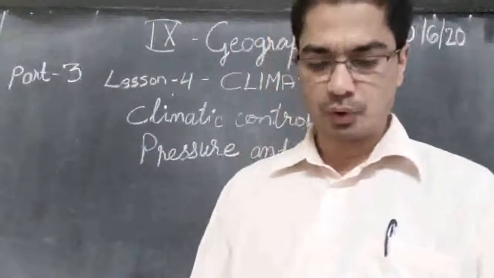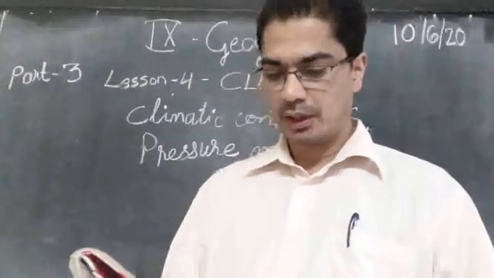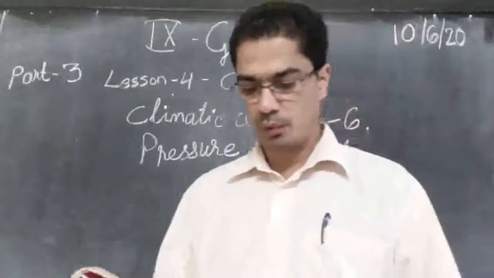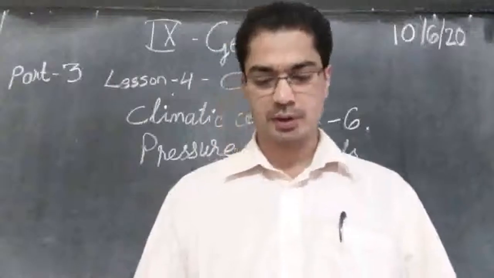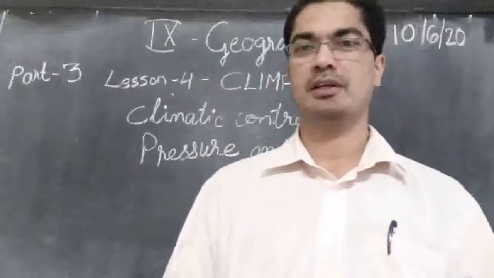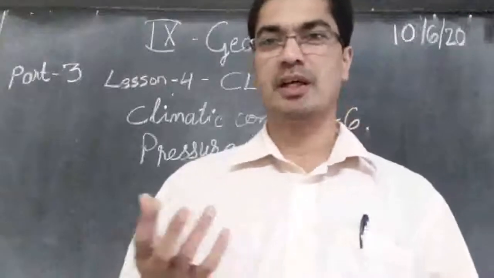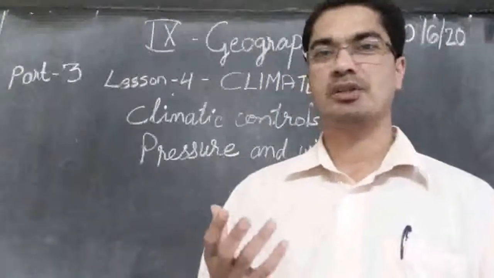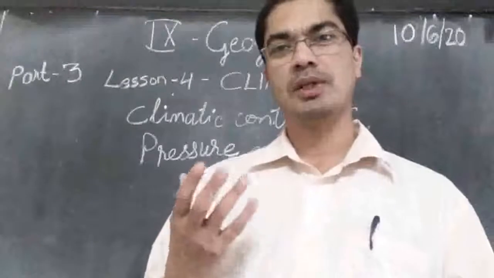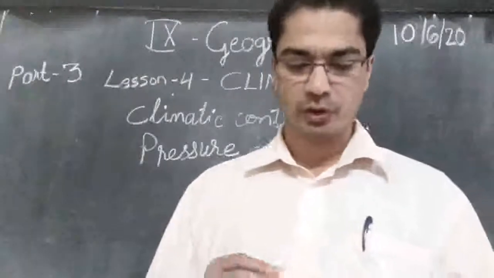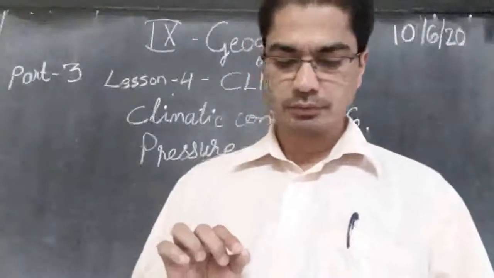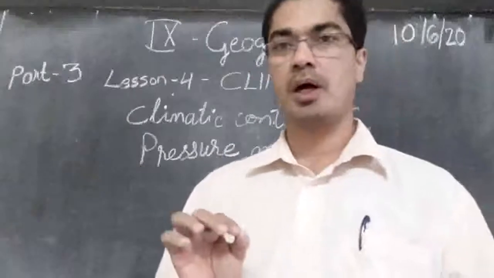And these winds blow over the warm oceans, gather moisture and bring widespread rainfall over the mainland of India. So this wind is carrying a lot of moisture and ultimately it is causing the rainfall. So how does it get moisture? It is blowing over the warm oceans.